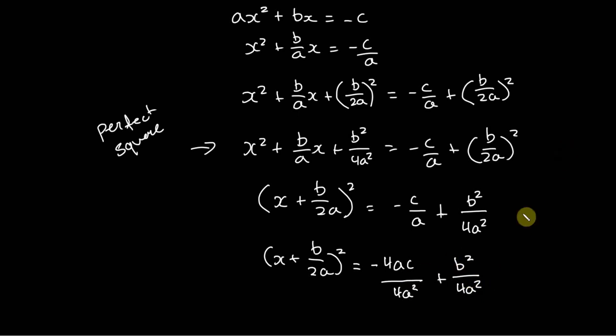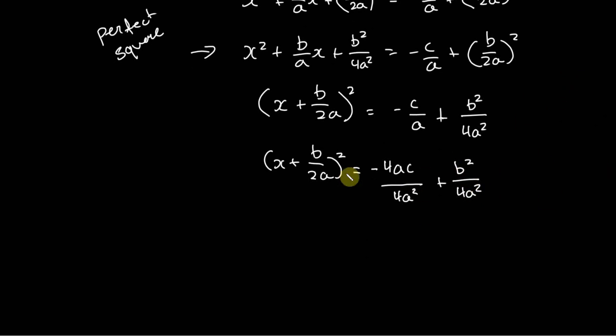And why that's very, very useful is now we can just simplify everything on the right hand side, and so on the left we have x plus b over 2a, all of that squared, of course, and then I'll write the b squared term first, just so we can recognize what's taking shape here.